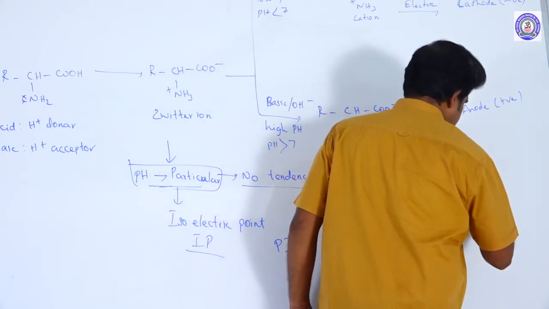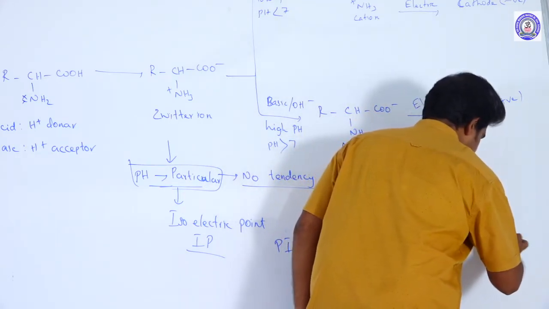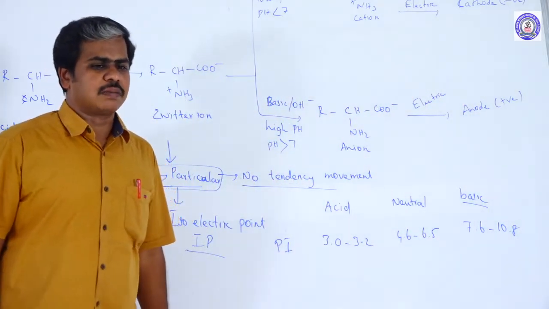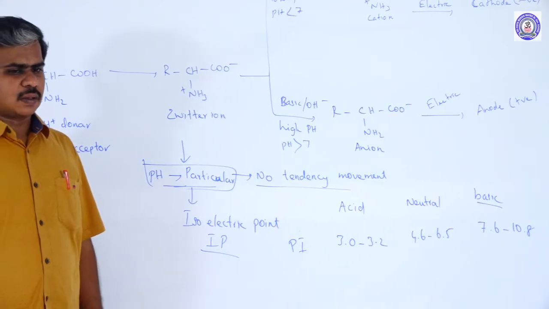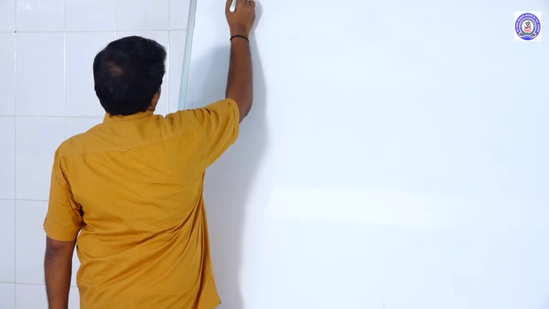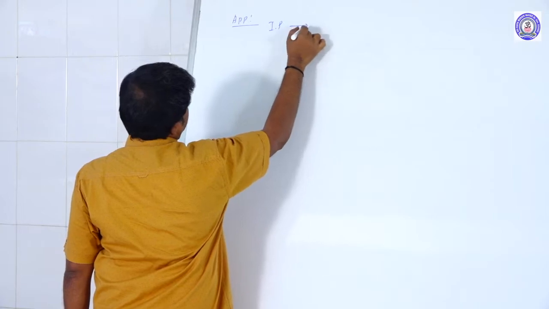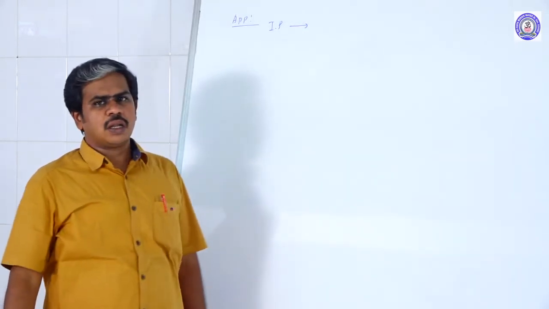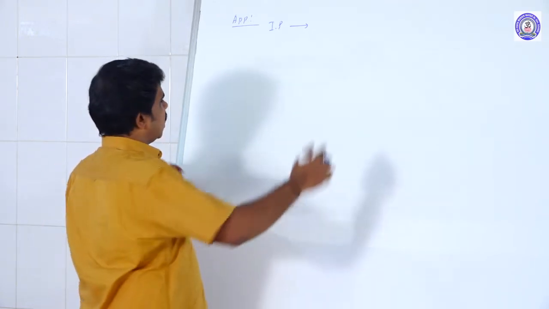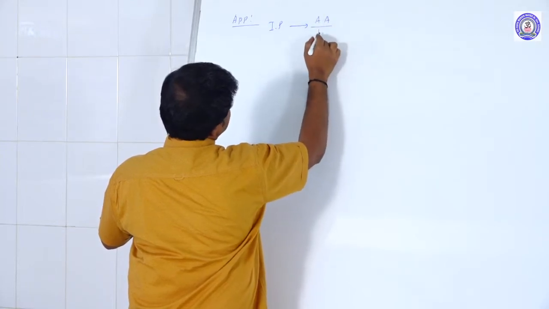If it is basic, the isoelectric point is 7.6 to 10.8. It is the isoelectric point, or particular pH. Okay. Now, what is the application of IP? Application of the isoelectric point: at the isoelectric point, all amino acids are least soluble. These amino acids are least soluble.